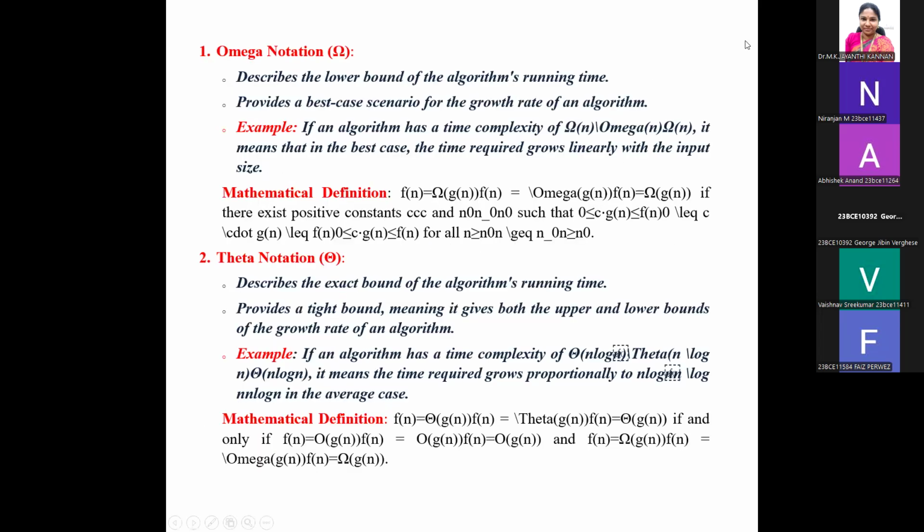Any doubt? This omega, theta, alpha, beta, are they all Roman letters or what? We are using a number of mathematical notations: alpha, beta, gamma, theta, delta.